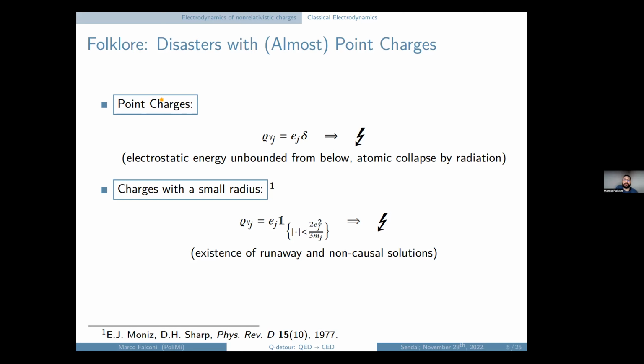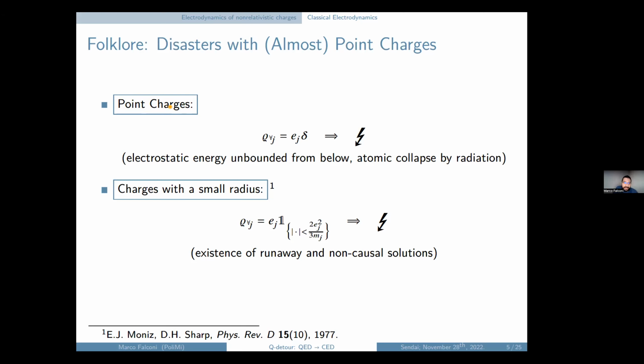Namely, we have problems both when the distribution of the charge is concentrated in the center of mass, so we are talking about point particles, but also if the charge distribution is concentrated in a very small radius around the center of mass.